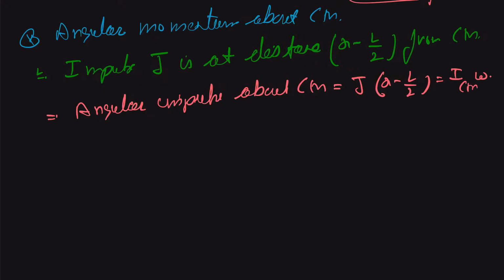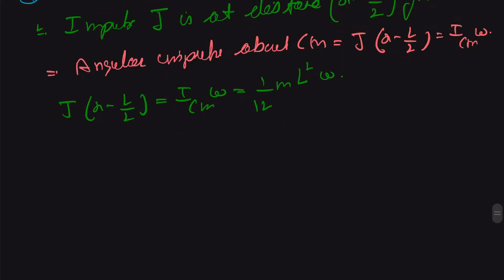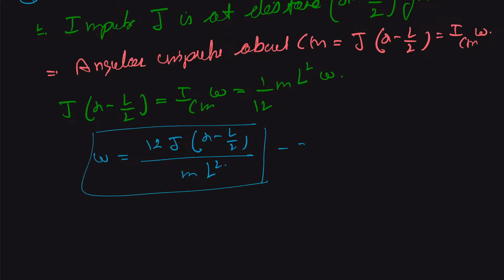So we get J times x minus L by 2 is equal to ICM omega. ICM we already know is 1 by 12 m L square. Therefore, from here we can write that omega is equal to 12 times J times x minus L by 2 divided by m L square. Let us call this equation number 3.